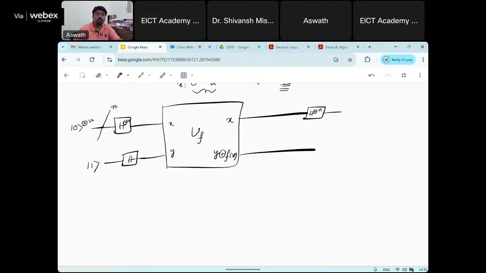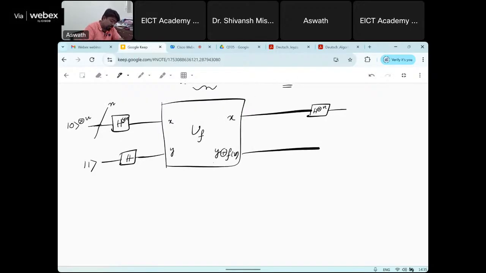Remember, we saw earlier this stands for a quantum input state. The input would look like 0 0 0 0, n times, tensor product with 1. This is the input going into the circuitry.